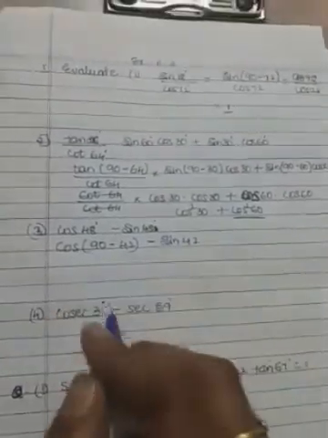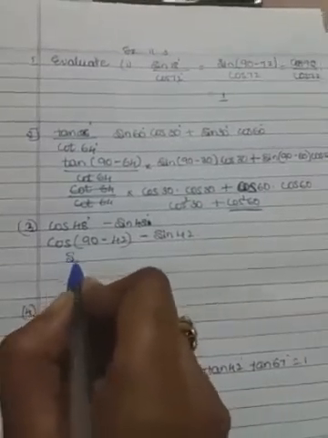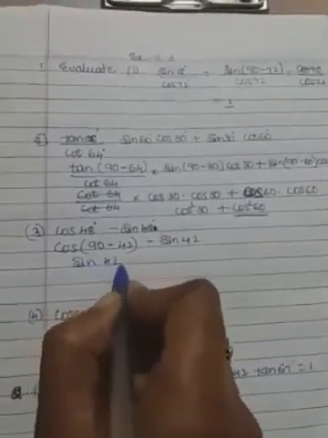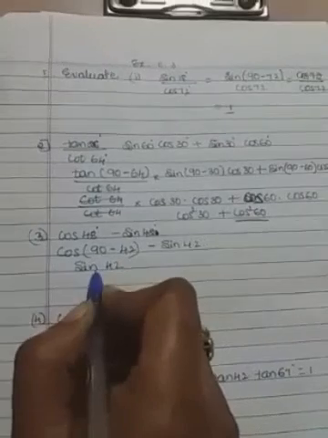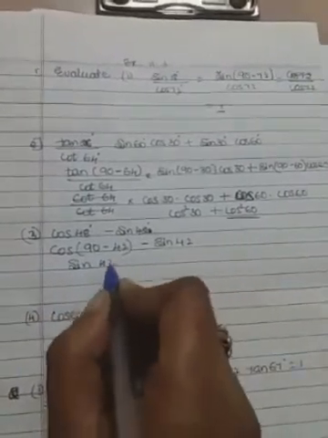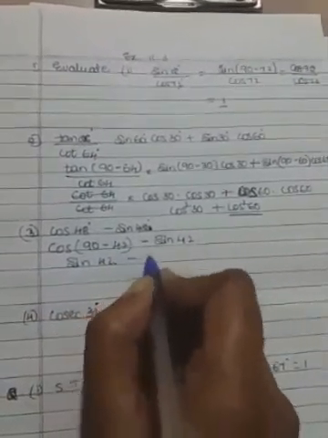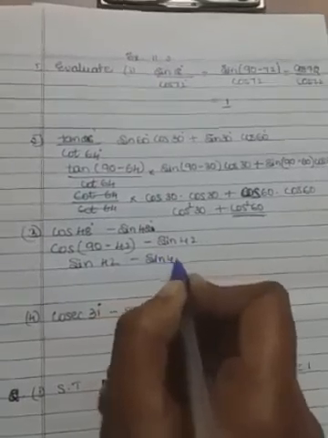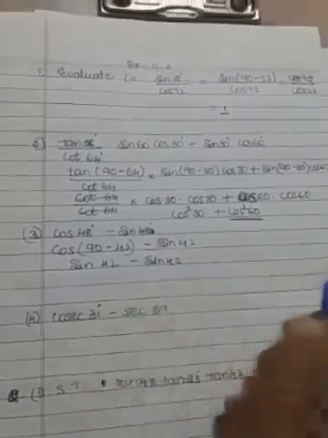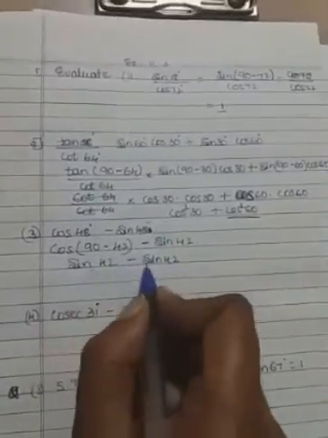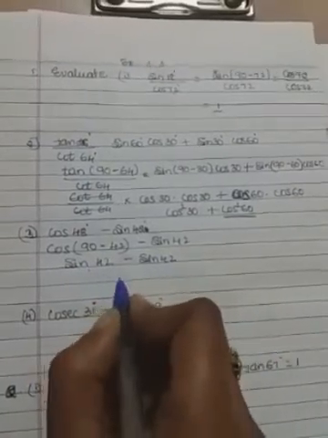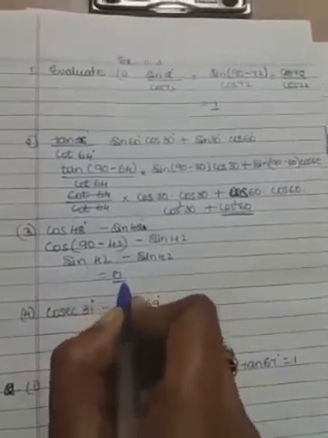Cos 90 minus 42 we can write as sin 42, because cos 90 minus theta is sin theta, where theta is the angle 42. So sin 42 minus sin 42 is equal to 0. Hope you understand.